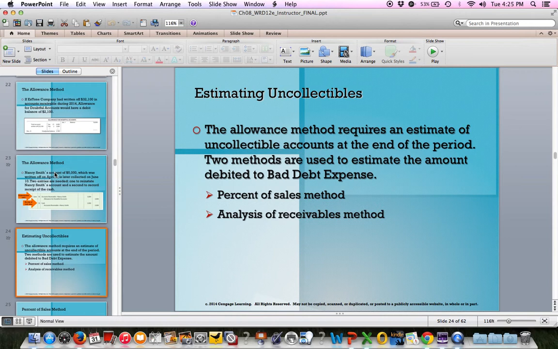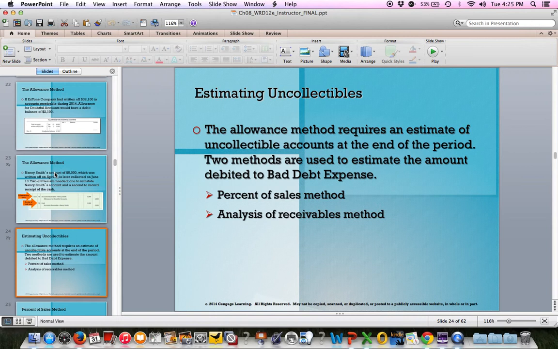I'm estimating future bad debt expense and recording it today based on my sales, or whatever method we'll look at here. The direct write-off method doesn't record expense until we actually do the write-off. That could happen sometime in the future, well after the actual sale has been recorded, so there's a mismatch between the revenue and the expense. The allowance method matches those two things in the same accounting period.